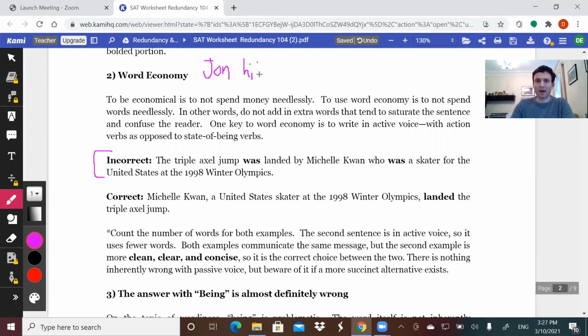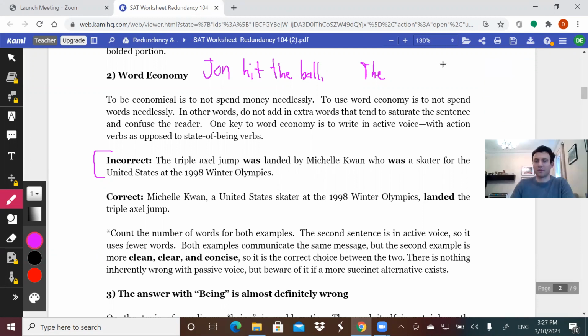That's direct, that's active voice, versus the ball was hit by John. Both sentences are technically correct, but the first one is in active voice and it's just a bit more direct.